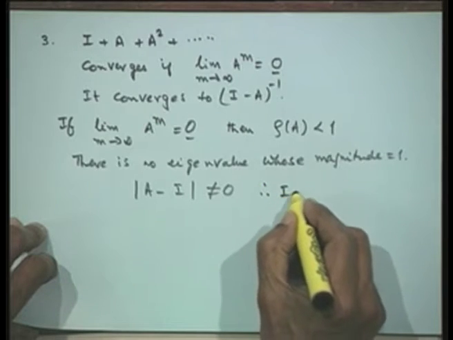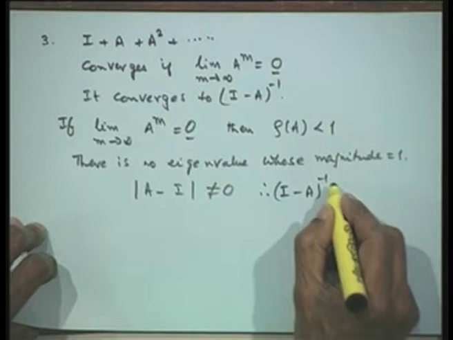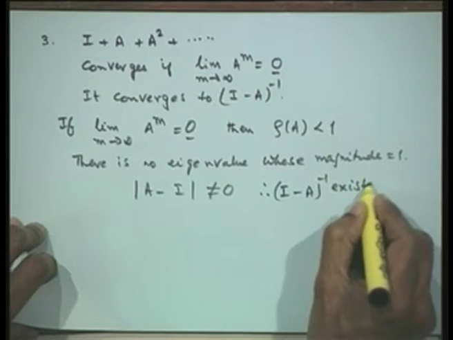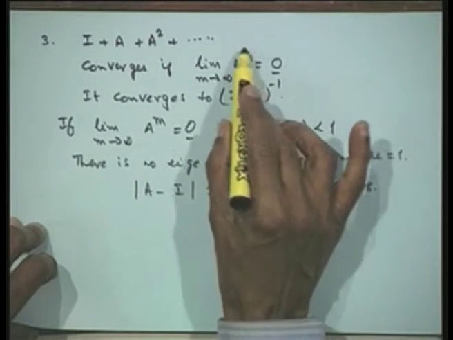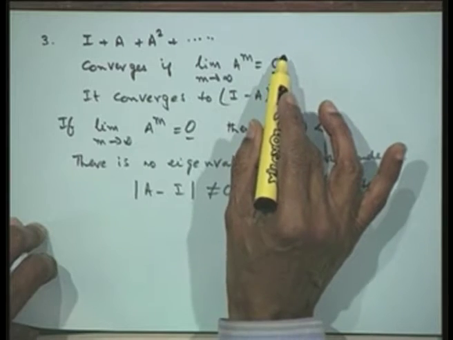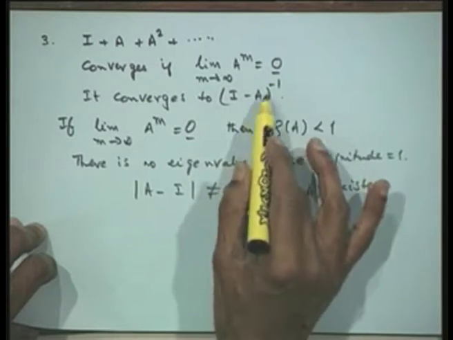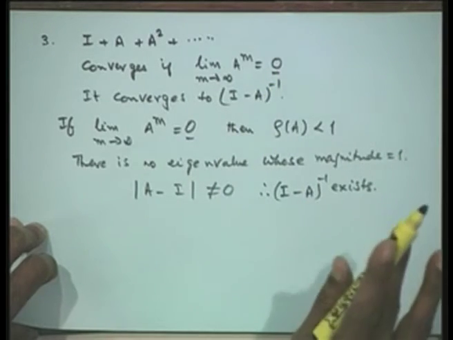If a matrix B is non-singular, determinant of B is not equal to 0, its inverse exists. Therefore, under the given condition, limit m tending to infinity A to the power of m is null, I minus A inverse always exists. That's what we first showed.